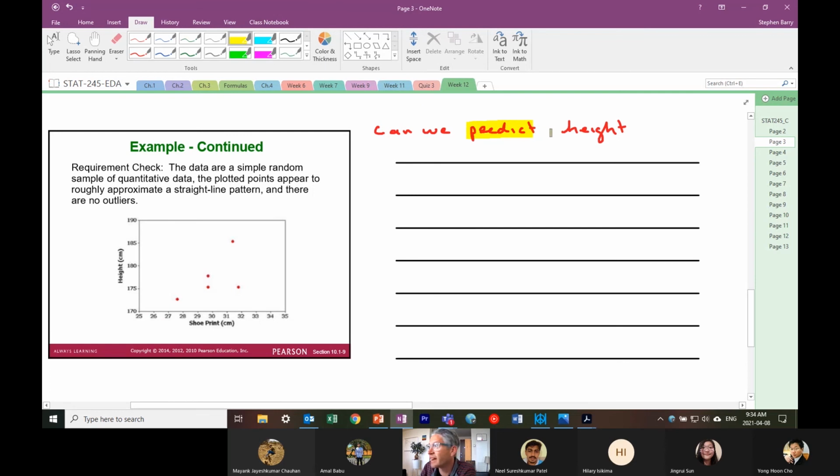This is going to be on the y-axis. Prediction is the y variable in an equation. When you have y equals something, that's a prediction. Can we predict height from shoe size? And from implies that it's the x variable, or the independent variable.